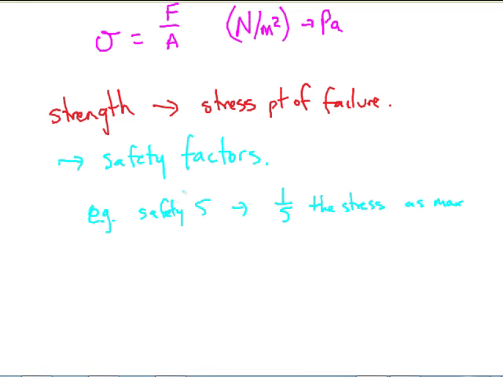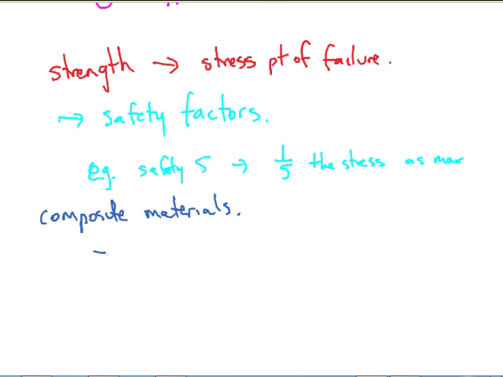And then obviously to come with this was the idea of composite materials. The reason that we use composite materials is you want the good properties or the useful properties from multiple materials.